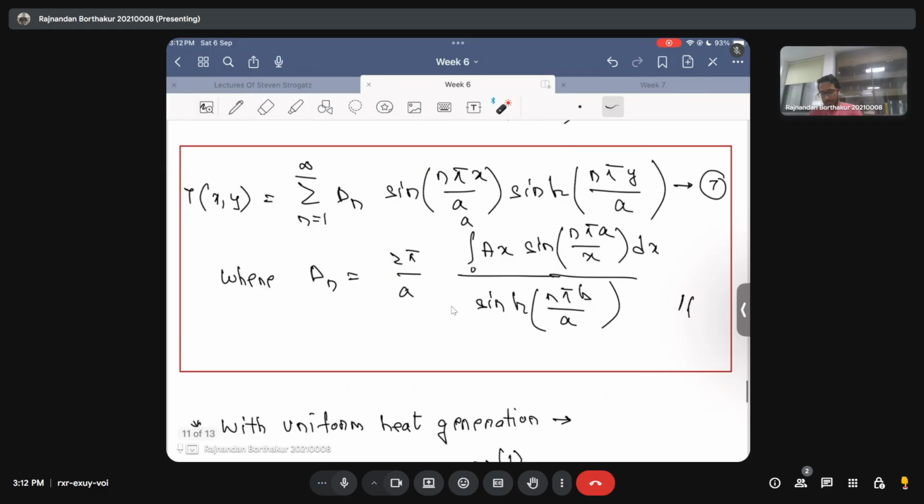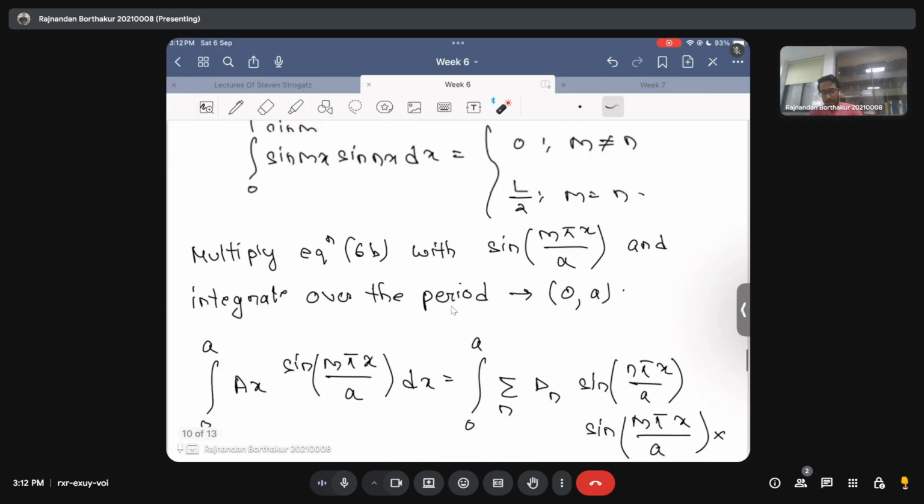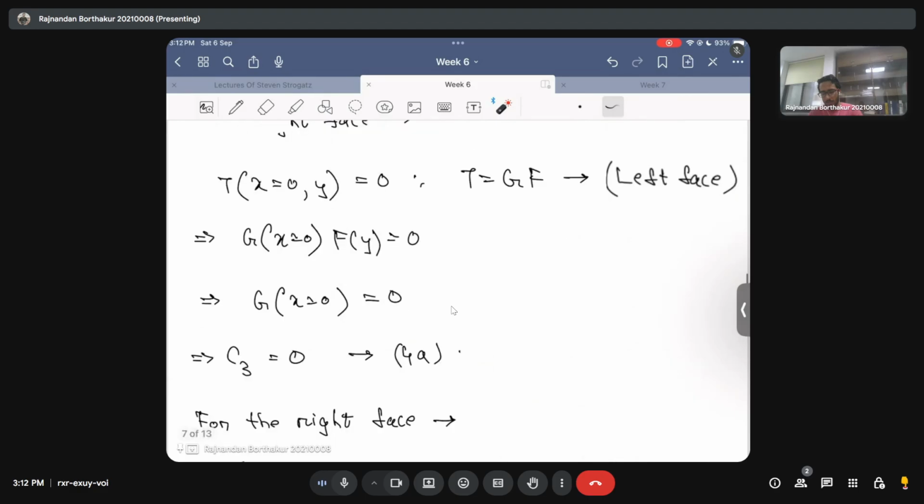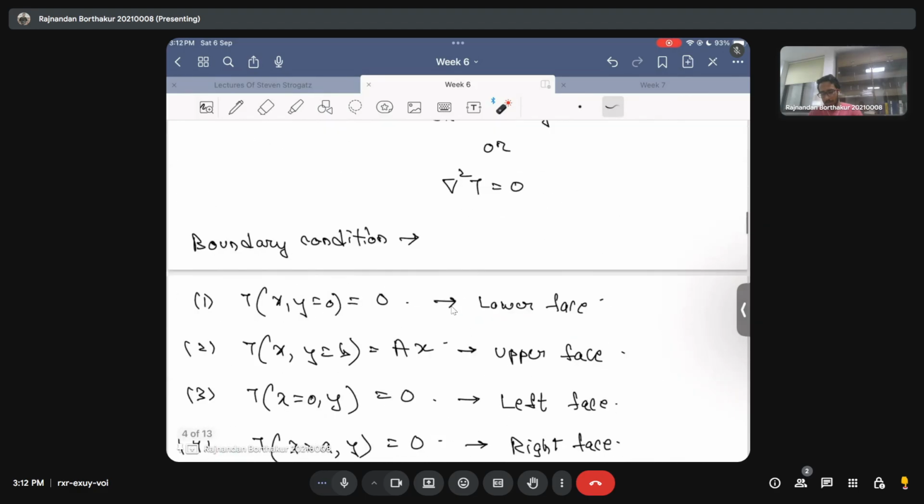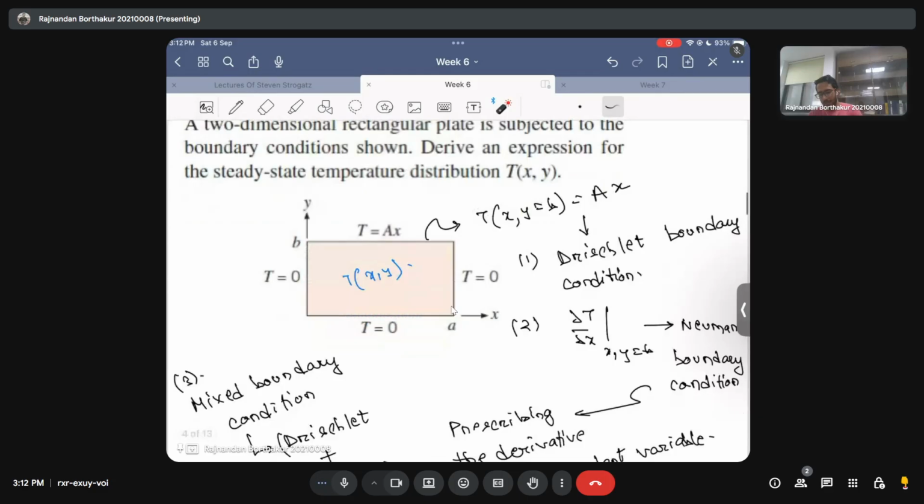The second thing is about the method of separation of variables. As we saw, our three faces were at a temperature of 0, and the upper face was prescribed by a non-zero temperature profile.